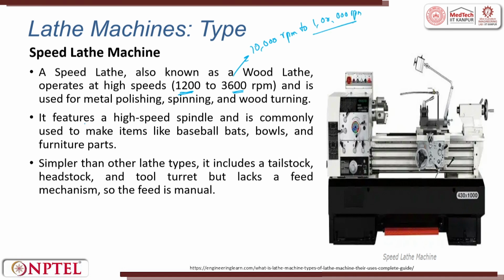It features a high speed spindle and is commonly used for making items like baseball bats, bowls and furniture parts. It is simpler than the other lathe machines. It has a tailstock, headstock, and a tool turret, but lacks a feed mechanism, so the feed is done manually. It is commonly used for such operations.